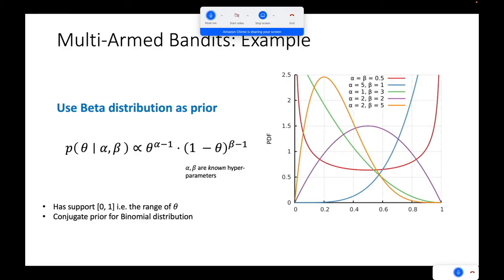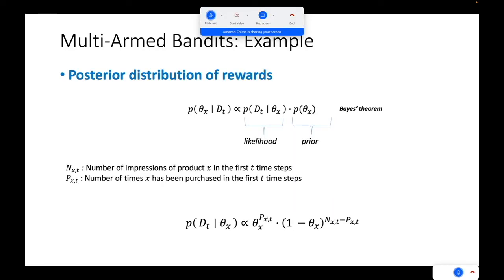Now, what we're going to do is look at this posterior, which is proportional to the product of likelihood and prior, albeit for a normalization term. Now we'll plug in the expression for likelihood and prior individually, and we'll see how our choice of prior is actually helping us to simplify this calculation.